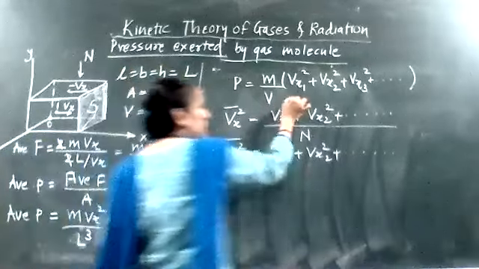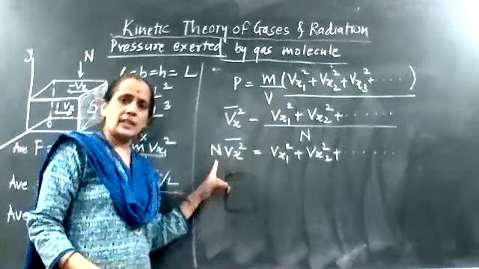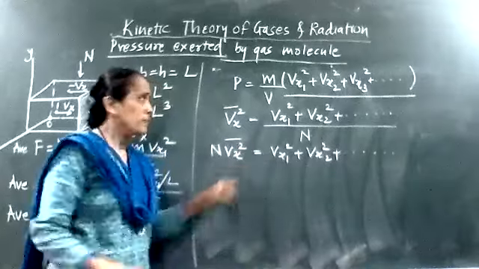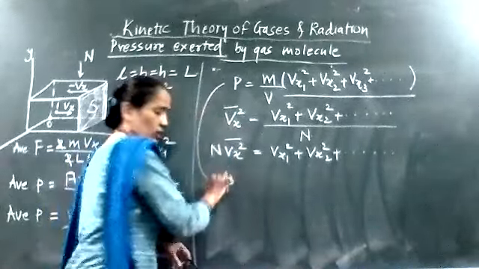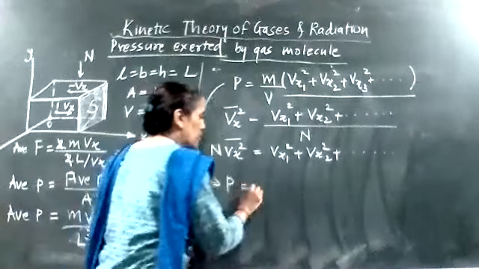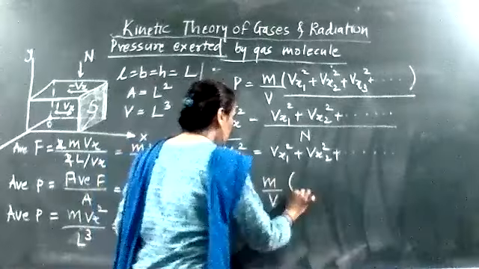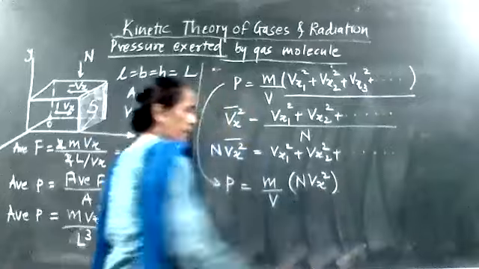Means for this bracket, the value is N average Vx square. Now my pressure equation becomes P is equal to m upon V into the bracket N Vx square.